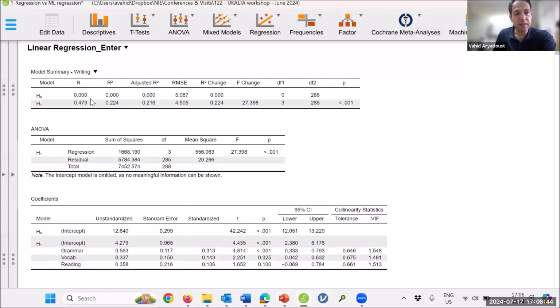Number one, if we want to figure out whether our model is doing a good job or not, like I said, we've got to look at the R-squared value first. Here, the R-squared value is 0.224. And the adjusted R-squared value is 0.216. The difference between the two is, okay, I'm going to ask you guys, what's the difference between the R-squared and adjusted R-squared?